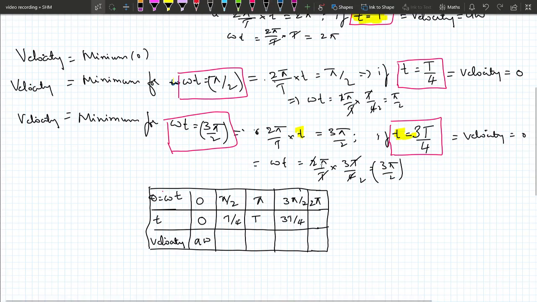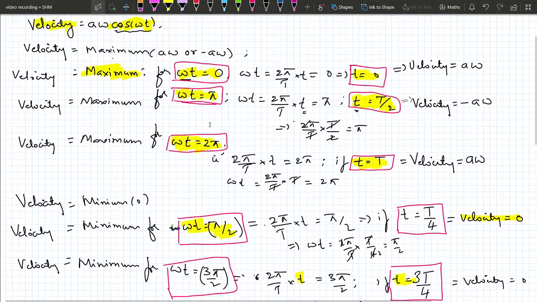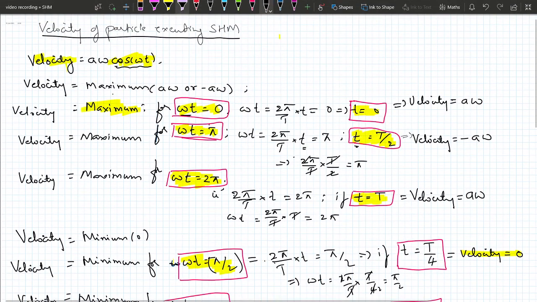At pi by 2, the velocity is 0. Now look here, this is pi by 2, and the velocity is 0, so I have to write it as 0. Whenever omega t is equal to pi, the velocity is minus a omega.